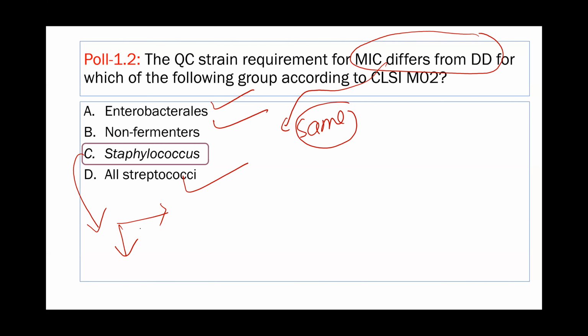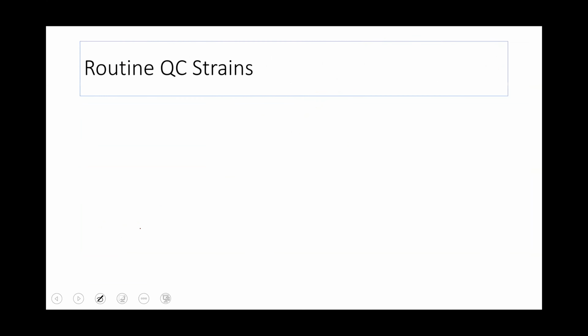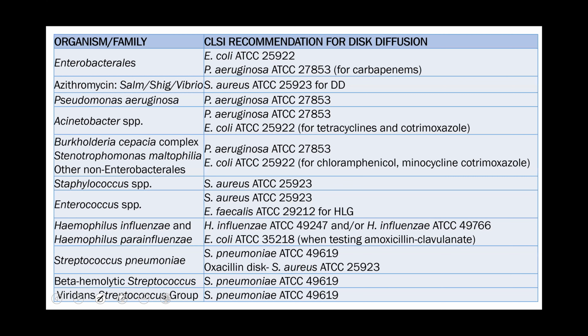In the next slide, you don't get scared. It is going to be an exhaustive slide. However, I will explain a simplified format of this, which will be easy for you to understand. This is the exhaustive list of QC requirements for the disk diffusion test.